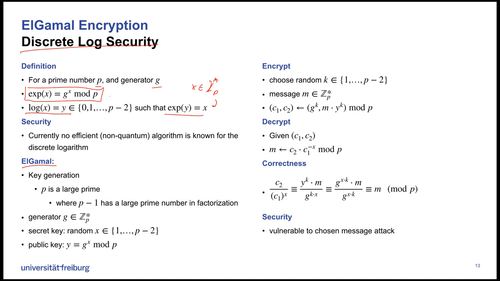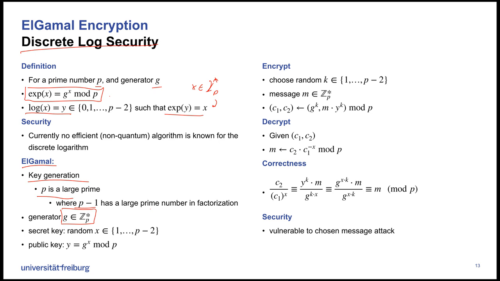So what do we do? First of all, we need a key. The cool thing is that we can publish p. We are working modulo p, and p is something which everybody knows. We also make sure that p minus 1 has a large prime factor. We need a generator g, which is easy to check if p minus 1 has a large prime factor. But this is also public.